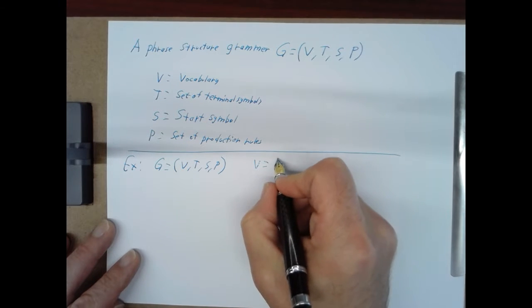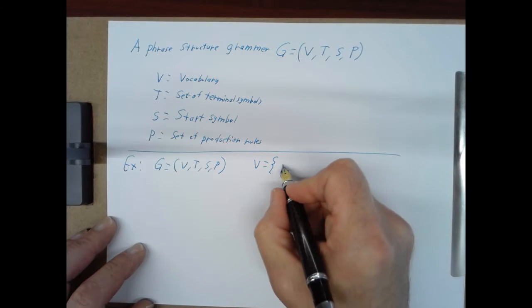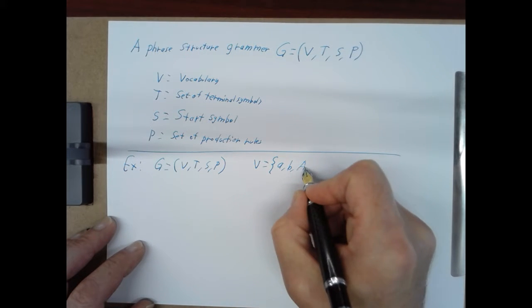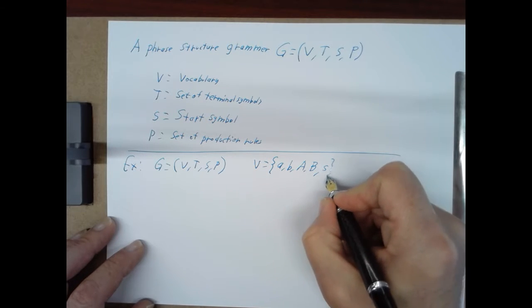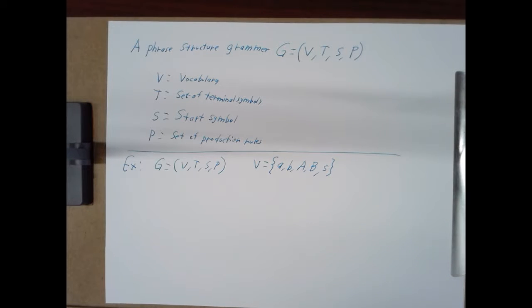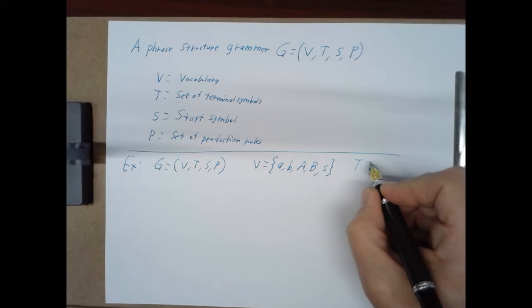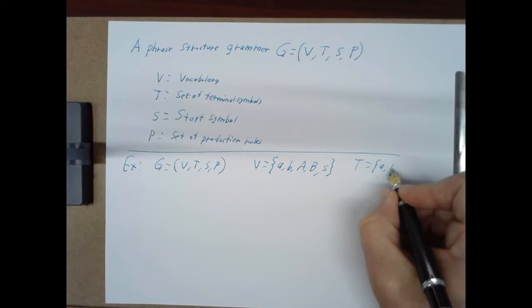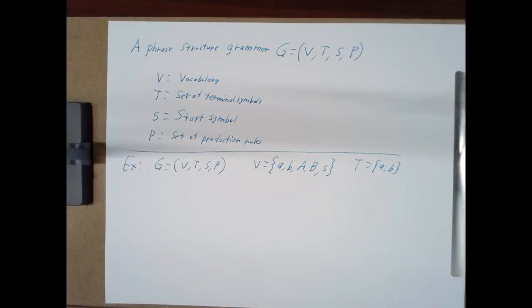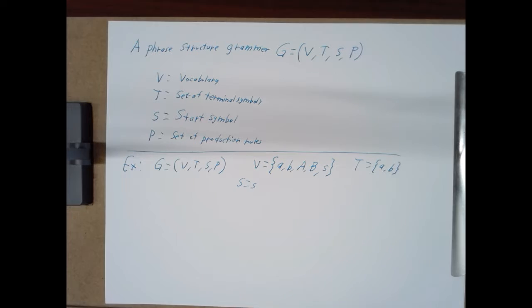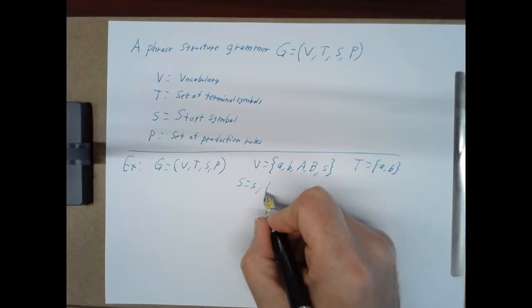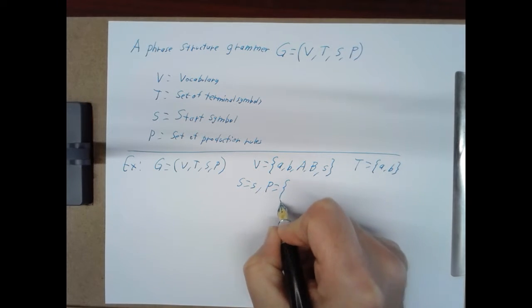Our vocabulary consists of the following: little a, little b, big A, big B, and S. Our terminal symbols are just little a and little b. Our start symbol S is just this little s. And our production rules are the following.